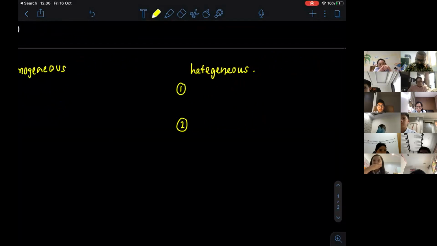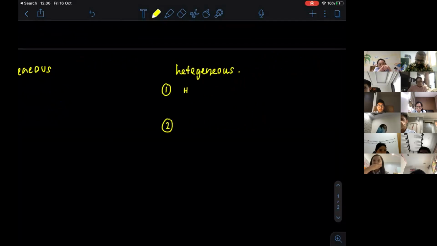I'll just write down for you. This is going to be a heterogeneous catalyst. While waiting, you can decide on the others. This one is Fe, solid, and the rest is all gas.